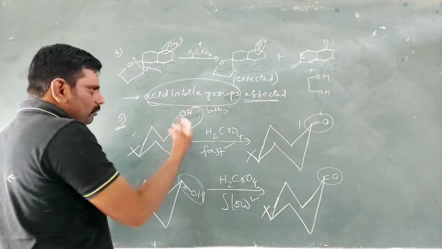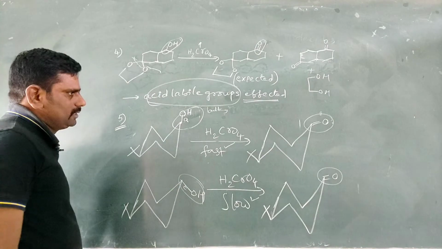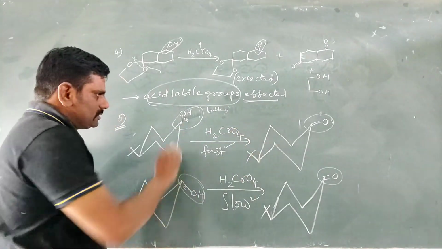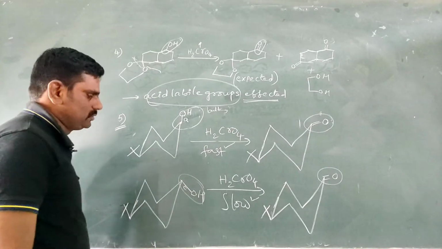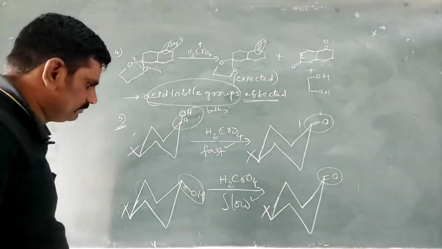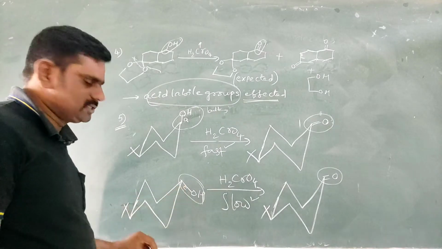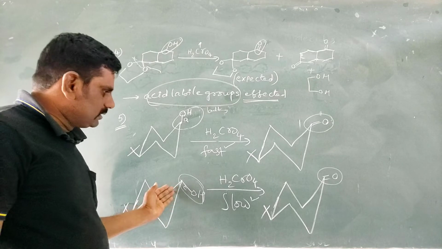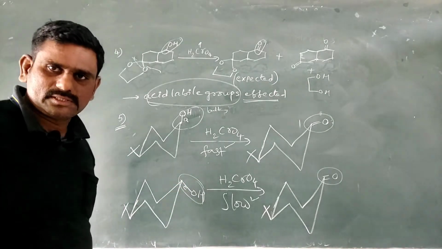it undergoes more repulsions. That's why it easily undergoes oxidation to form ketone. But if it is in the equatorial position, it is somewhat more stable than the axial position. That's why this reaction proceeds at a slow rate.